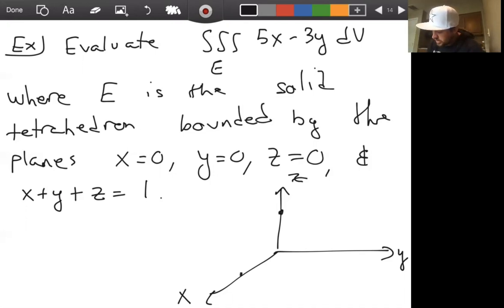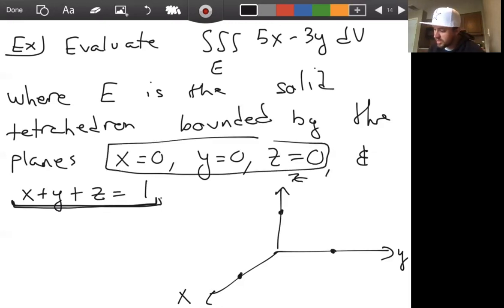And then so you can look at this plane now, x plus y plus z equals 1. And if you'd like to understand what this is doing, you can look at traces, right? If we look at traces, and say we use these planes as traces. Well, if x equals 0, then you have z equals 1 minus y.